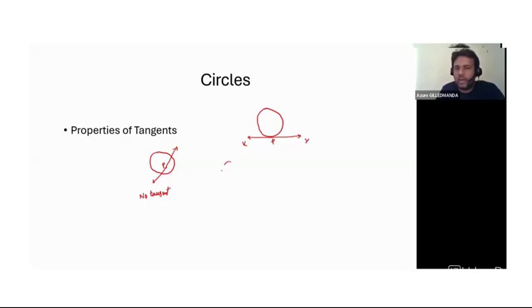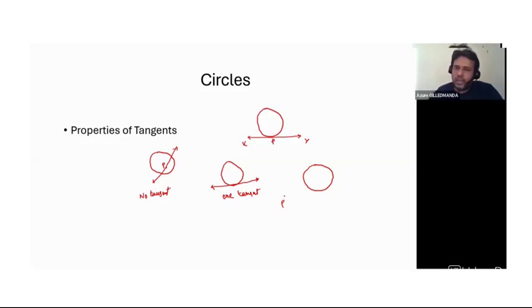So can we draw a tangent from a point on the circle? That is yes, right? So we can draw. How many tangents we can draw? One tangent we can draw from a point on the circle. What happens if the point is outside the circle, somewhere here, right? If the point P is somewhere here, how many tangents can we draw?